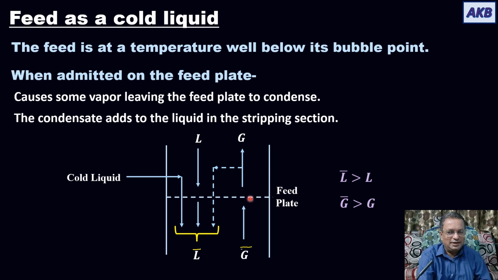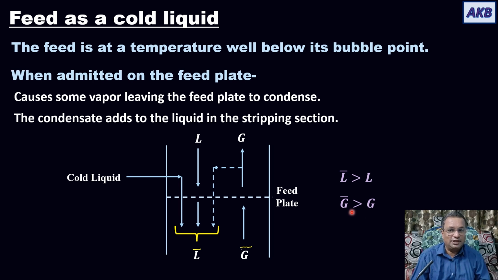So this is how conditions change when the feed entering the column is a cold liquid. And you should remember this relationship. When feed is cold liquid, L bar, that is liquid flow in the stripping section, is greater than the molar liquid flow in the rectifying section. Whereas the molar vapor flow rate in the stripping section is greater than the molar vapor flow rate in the rectifying section.